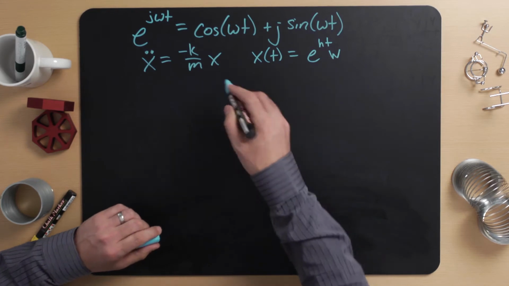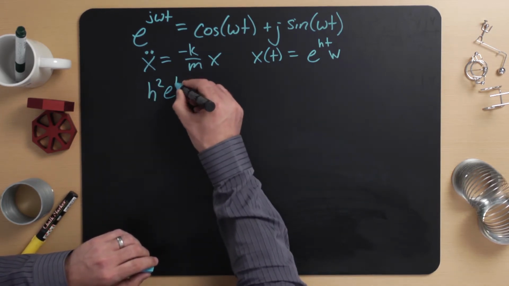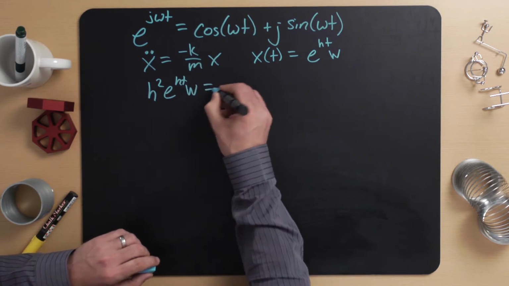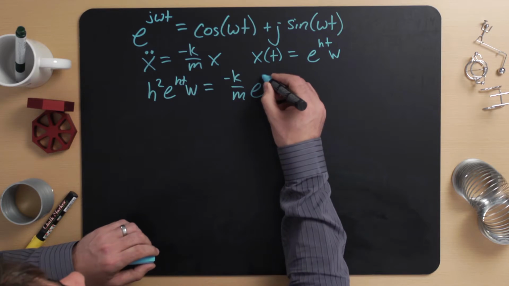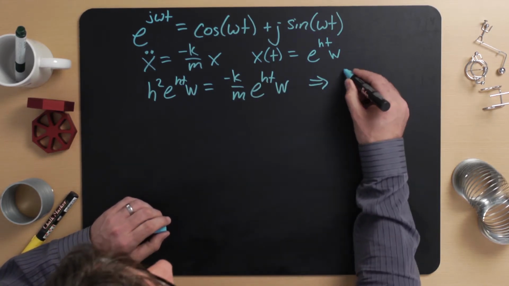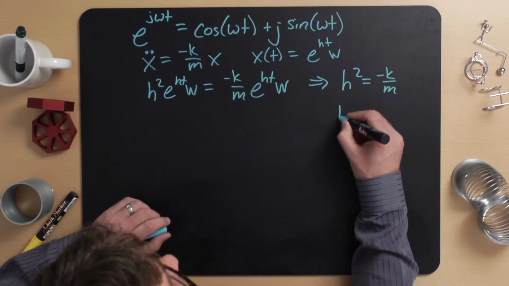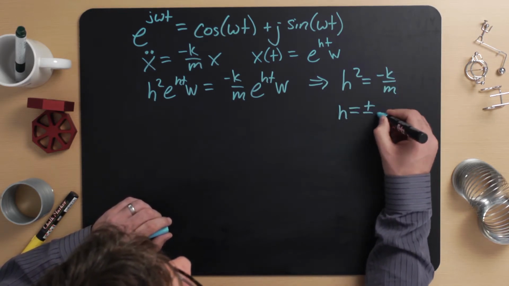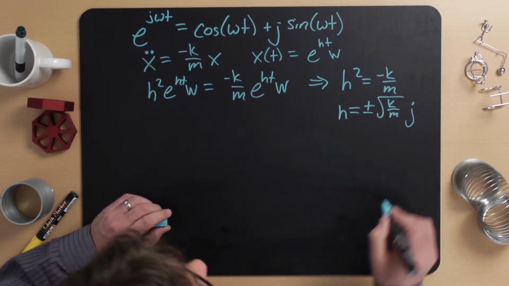Then, if I plug that into the differential equation, I find out that h squared e to the ht w is equal to minus k over m e to the ht times w. This implies that h squared is equal to minus k over m, which implies that h is equal to plus or minus the square root of k over m, all times j.